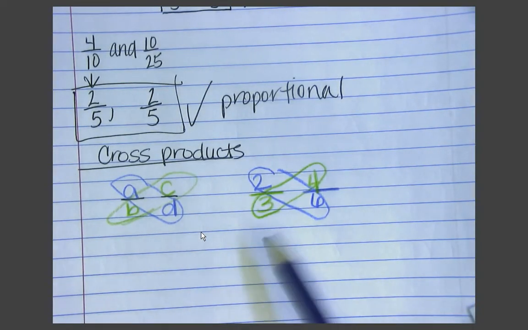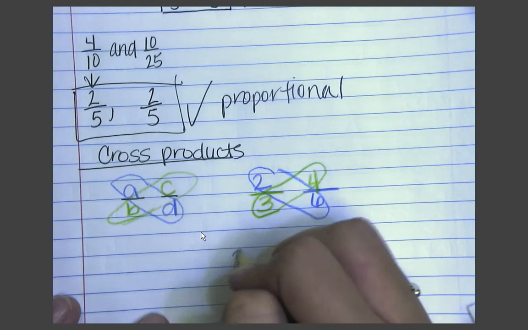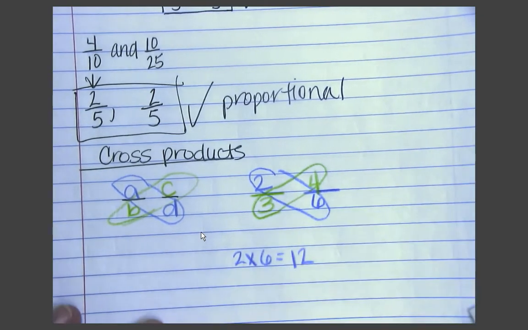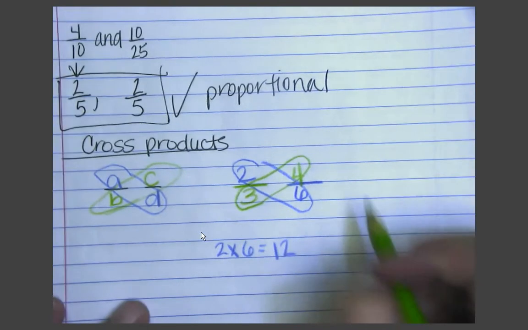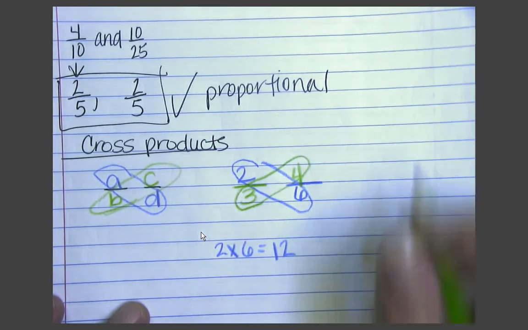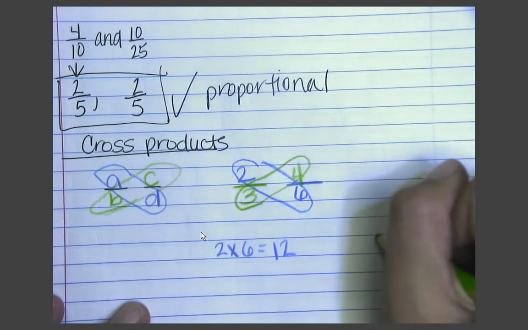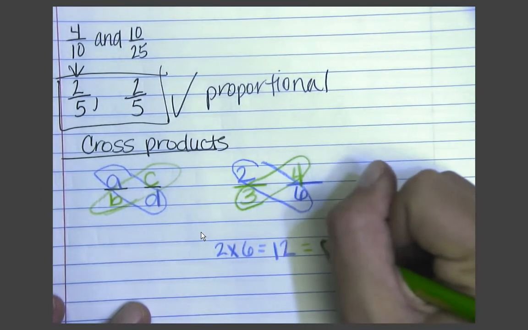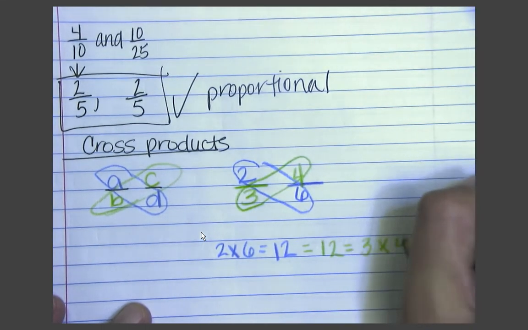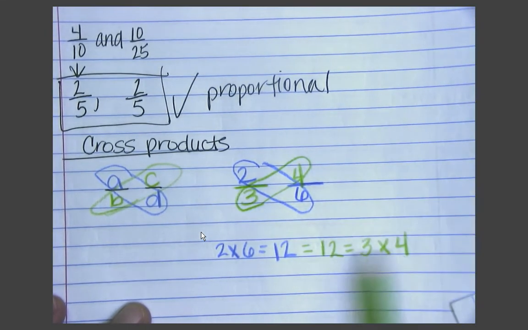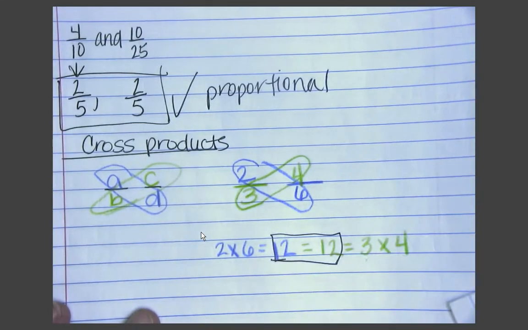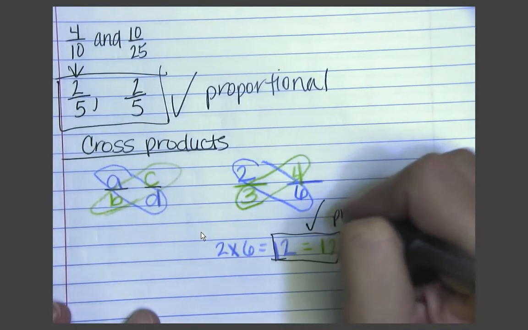So if I multiplied 2 times 6, it would give me 12. And then I come over here and I multiply 3 times 4. 3 times 4 gives me 12. These are the same number, so they are proportional.